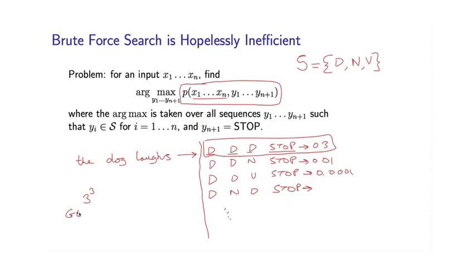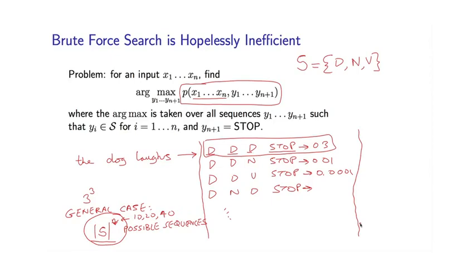So in the general case, we have the size of the set S, the number of tags, raised to the power n as the number of possible sequences. This grows exponentially quickly with respect to the sentence length n, and for any appreciable value for n, say n is equal to 10 or 20 or 40, this number quickly gets out of control, and it becomes hopelessly inefficient to do brute force search.